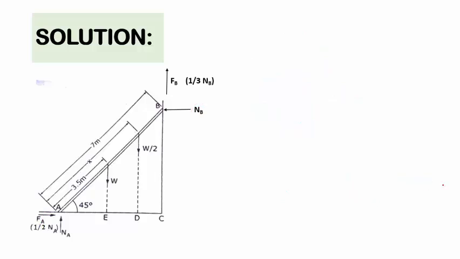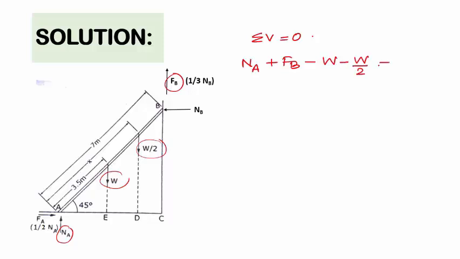Next, considering the second equilibrium condition, that is summation of all the vertical forces acting on the ladder at the instant is equal to 0. Considering the vertical forces, here NA and FB, these two force components are acting on the ladder in the positive y-axis direction. So NA plus FB; the weight of the ladder and the weight of the man, these two force components are acting on the ladder in the negative y-axis direction. So minus W minus W/2 is equal to 0.